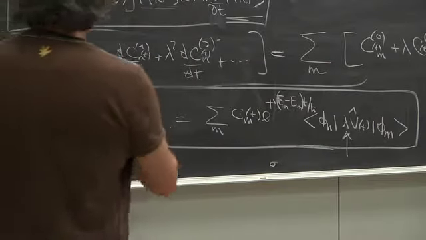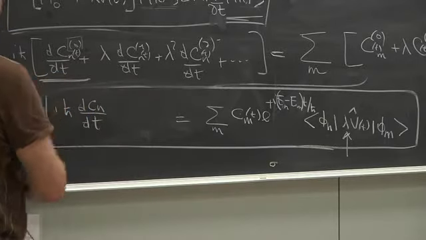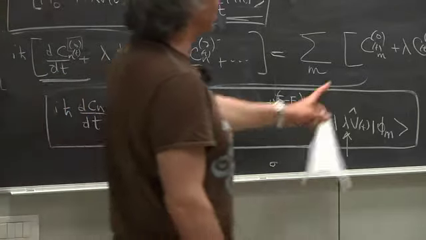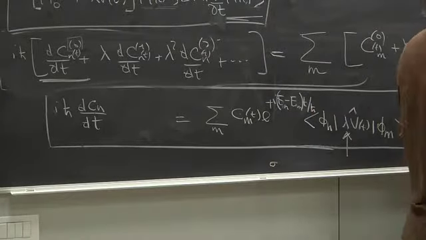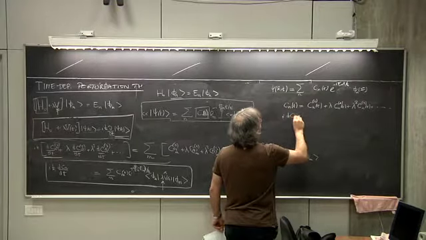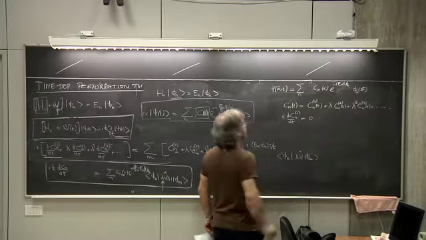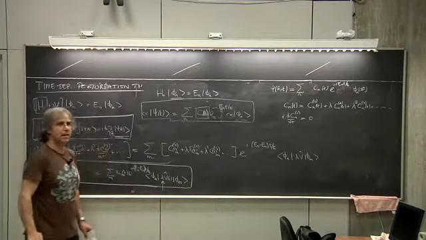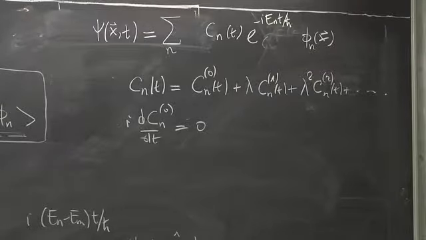For instance, to order lambda to the power 0, I have this. But here, there is at least one lambda, okay? So the equation for this object here is i derivative should be equal to 0, okay? Is this clear to everybody?